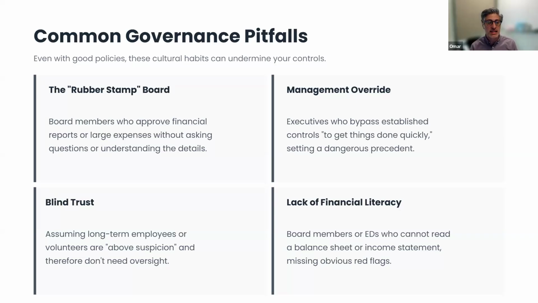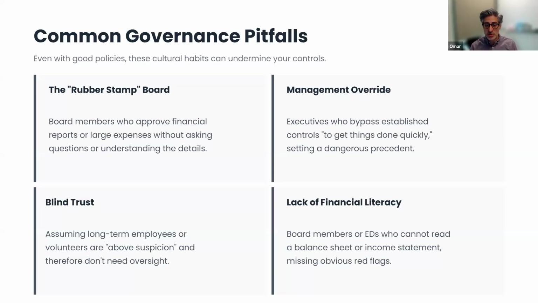But ultimately, you should not have a situation where the board just feels that they have so much trust in management that they can rubber stamp transactions or just out of blind trust let the employees or the management team run the organization without oversight. This is a critical failure and often where the cracks start to form.